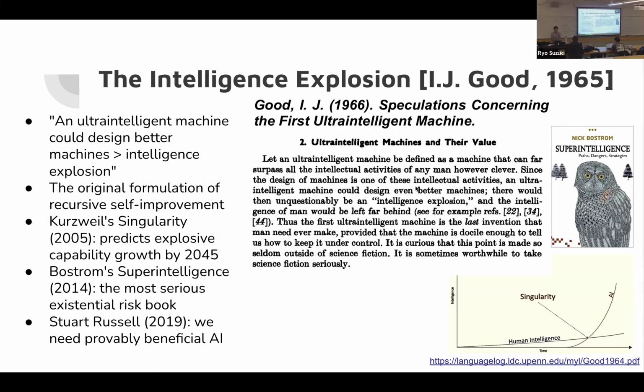So that means if one machine can be better than humans, which means AGI, then one of the AGI's jobs is to design a new AI, right? And if the AGI can design and build a better AGI, then that better AGI can create an even better AGI, right?